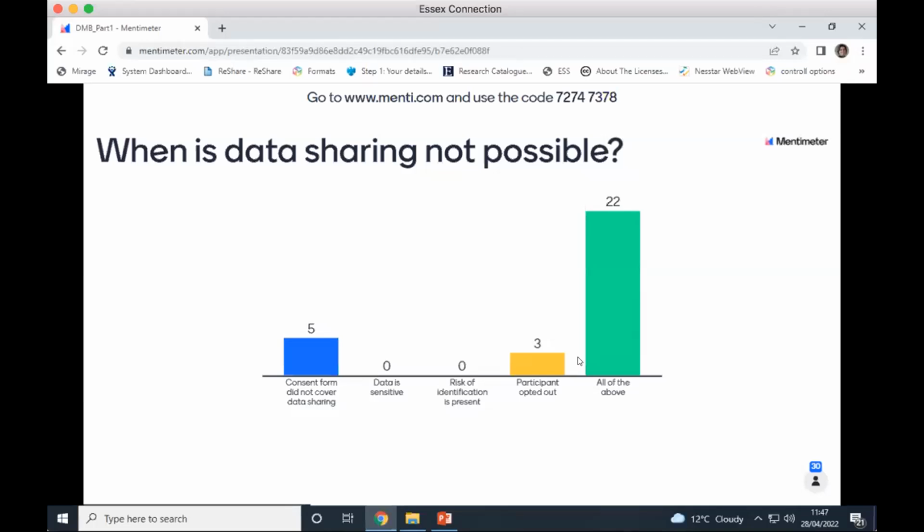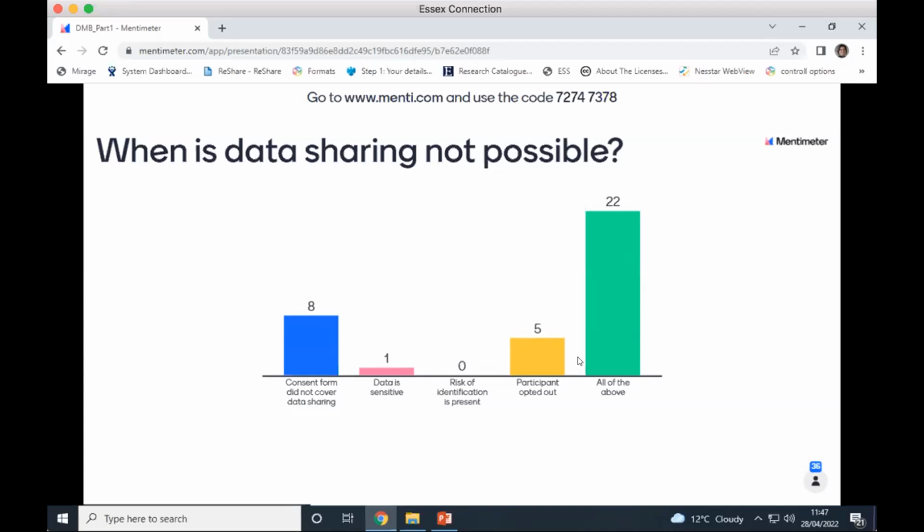So the majority of you said all of the above, and well, that's not the answer we were going for, and let's see why. I see there's also quite a few of you that said that the consent form did not cover data sharing. So yes, that is not great and is not ideal, and it shouldn't happen, right?